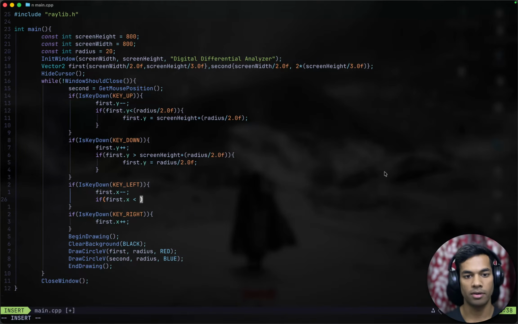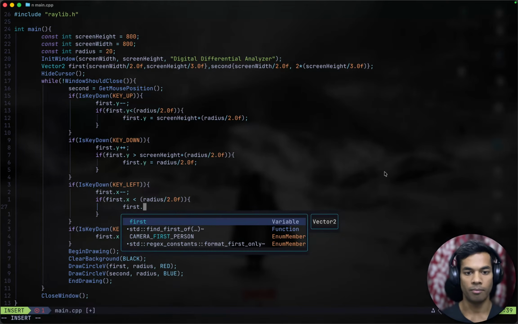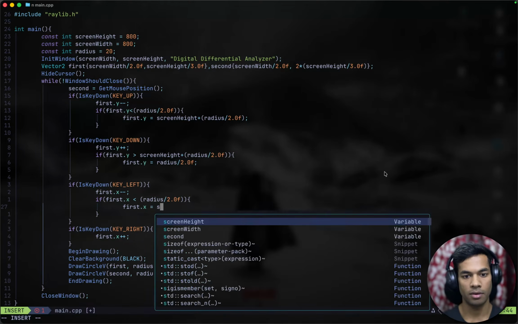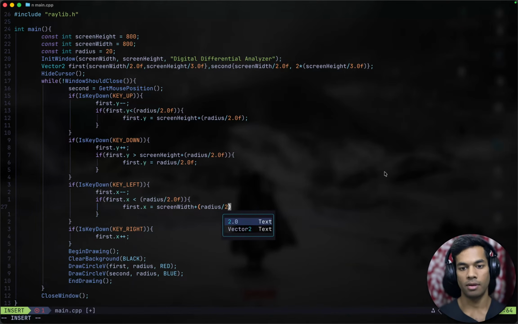And after this, if we go too much to the left, if first dot x is smaller than negative radius divided by 2.0f, then we will come from the right, which would be screen width plus radius divided by 2.0.